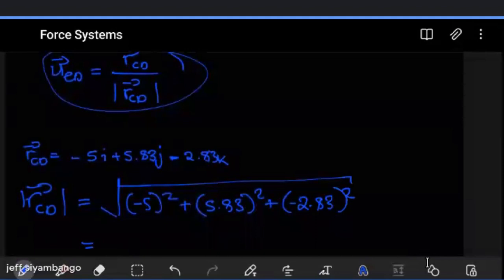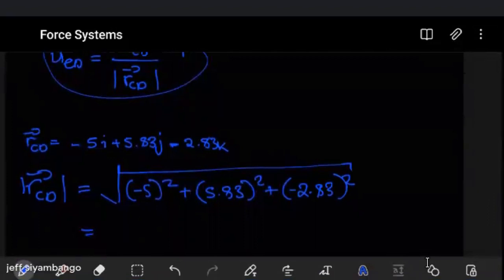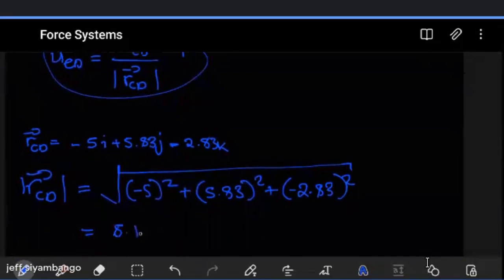What would be the magnitude here? 8.19. Okay, so yeah, this is the magnitude that we're getting.